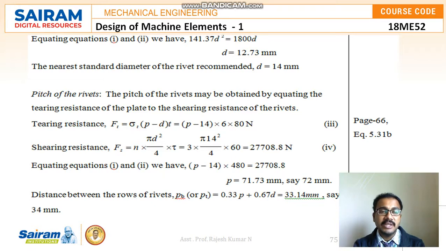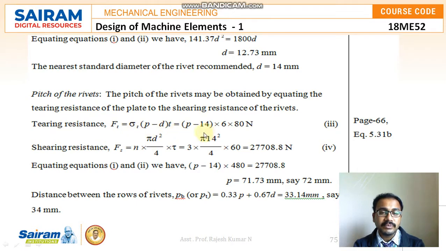Next is the pitch of the rivets. The pitch of the rivets may be obtained by equating the tearing resistance of the plate with the shearing resistance of the rivets. I will be using these two equations from the data handbook, page number 66, equations 5.31b and 31c. The tearing resistance formula is Ft equal to sigma t into p minus d into t.